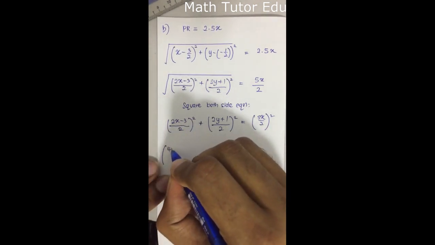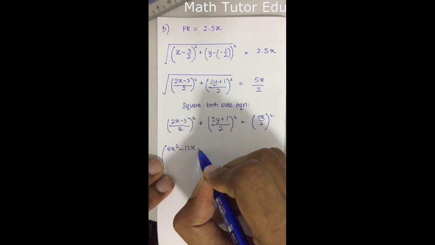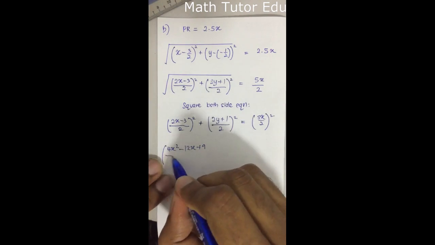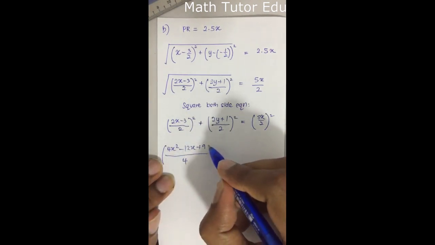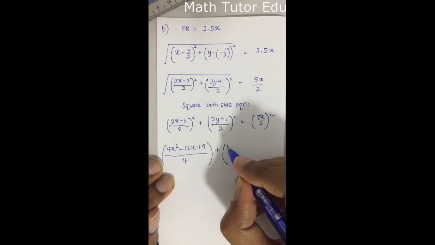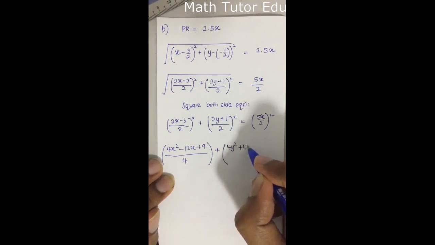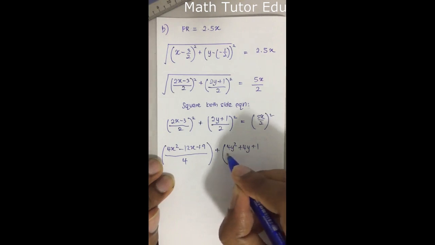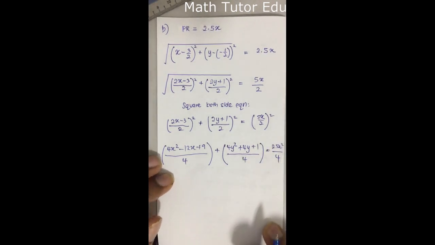So from here you get 4x squared minus 12x plus 9, and then you divide by 4, plus 4y squared plus 4y plus 1 divided by 4. Okay, and then equals 25x squared over 4.